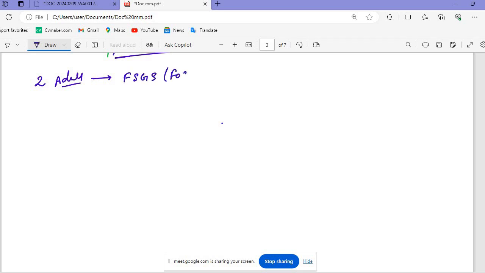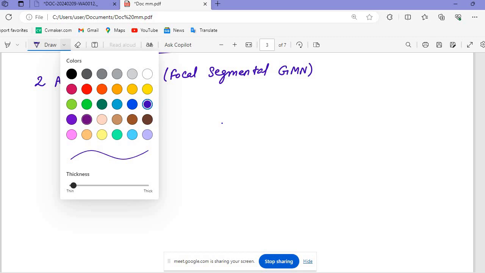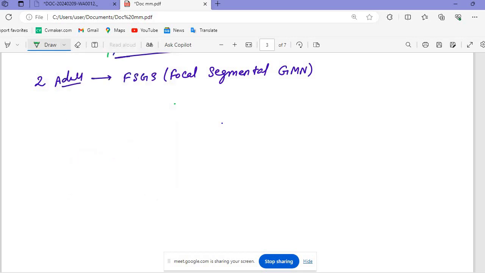glomerulonephritis. Okay, in focal segmental glomerulonephritis, the simple thing is we see sclerosis. Actually this is not nephritis, the full form is focal segmental glomerulosclerosis.